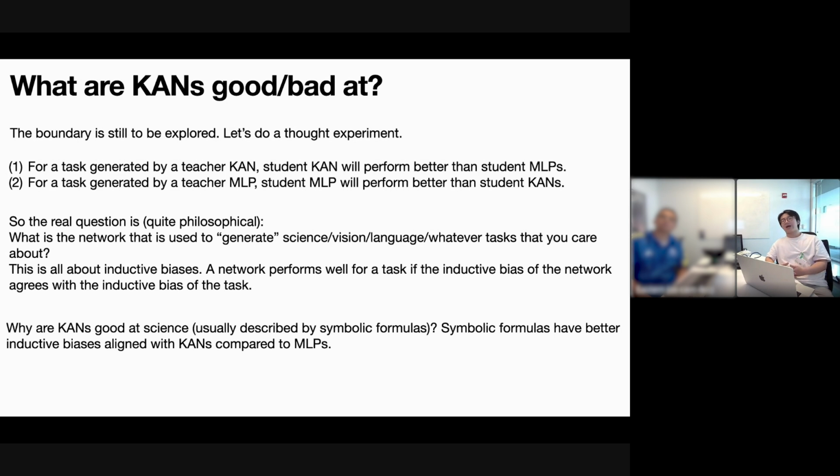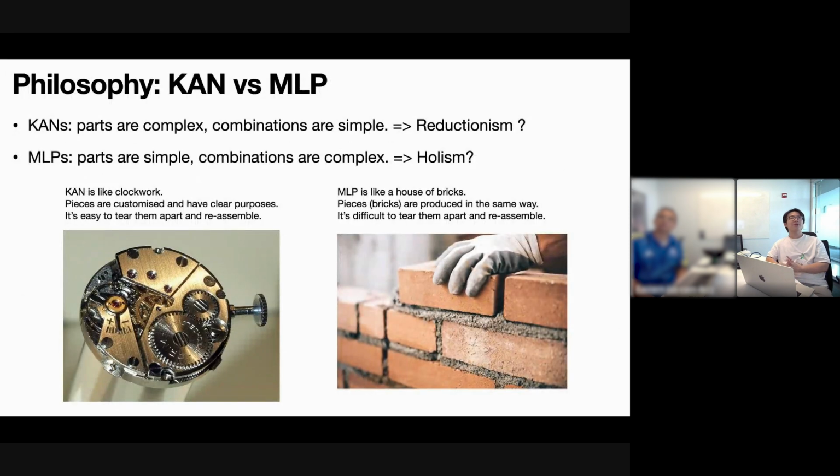So at least in our paper, we showed that KANs are good at science because KANs have better inductive biases with science. So at least we know that KANs will be a promising tool, at least in science. But to be honest, it's very unclear how big a role KAN will play in machine learning in general.